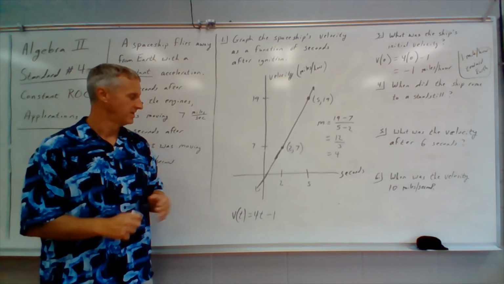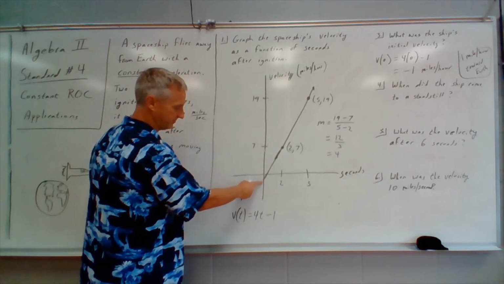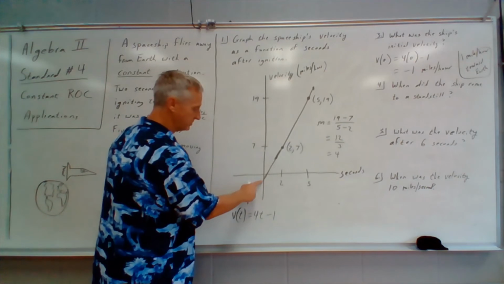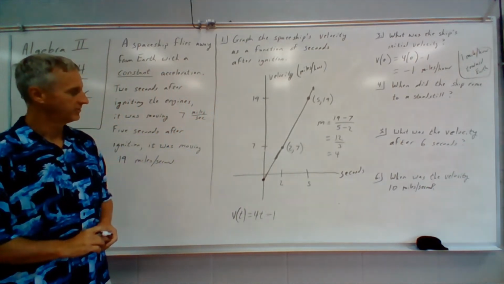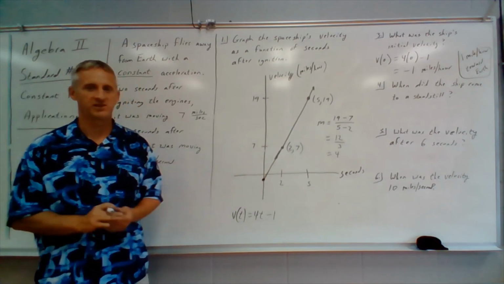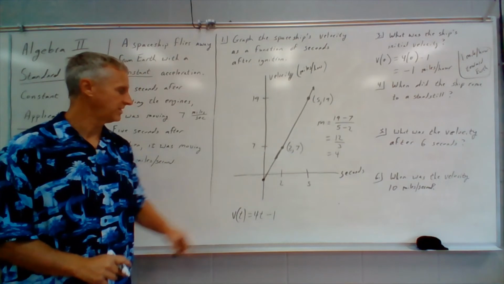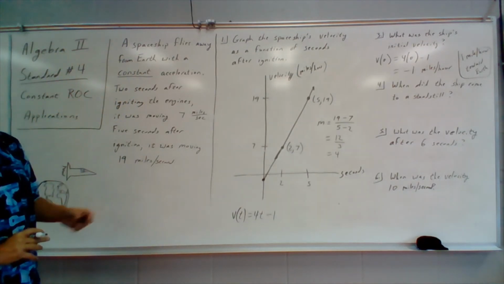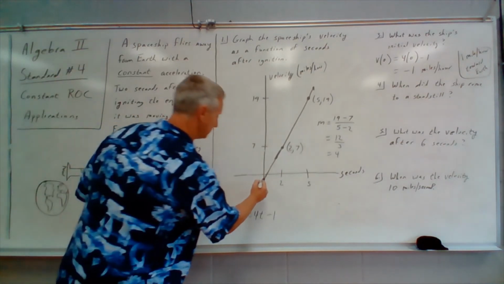So we probably shouldn't put this part of the graph out here. We should stop it at this point, because we don't know what was going on before he lit the engines. Let's label that 1.